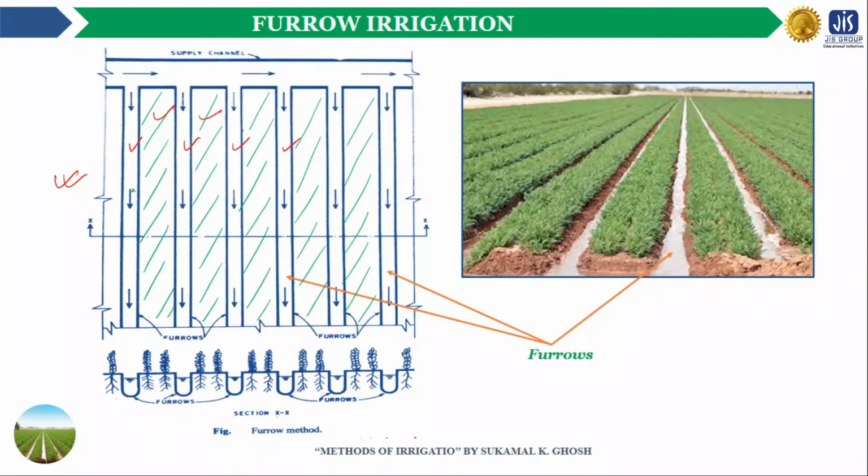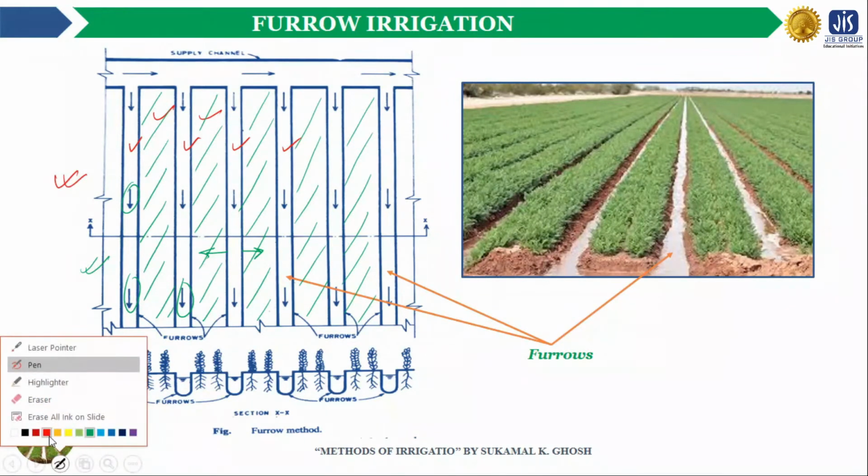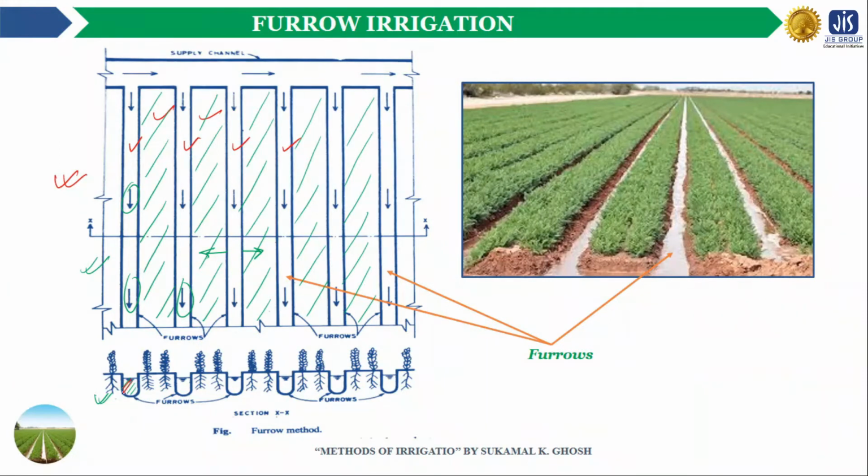The water flowing through the furrows infiltrates into the soil and spreads laterally to irrigate the land between the furrows. This is a cross section of the plan view. You can see these are the channels, and water is flowing in these channels.